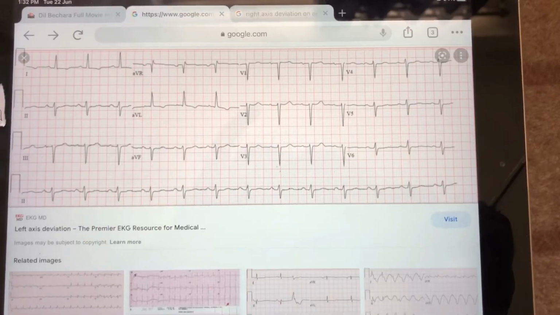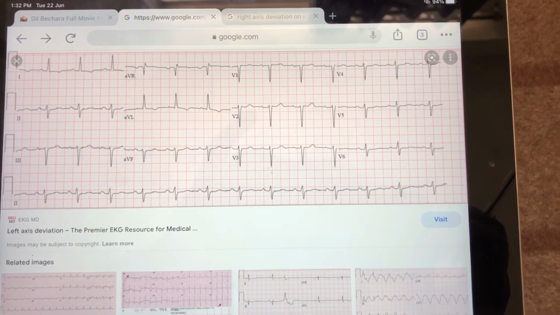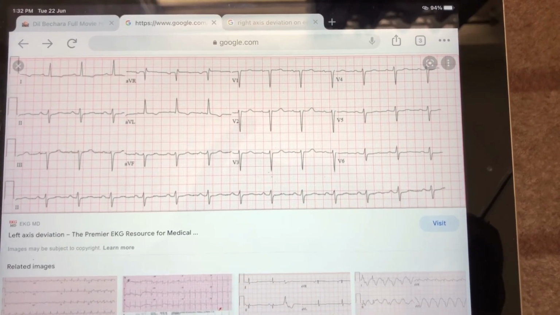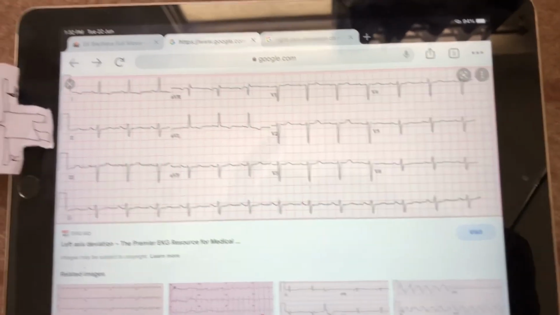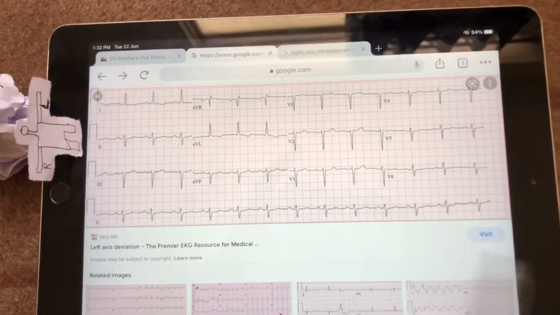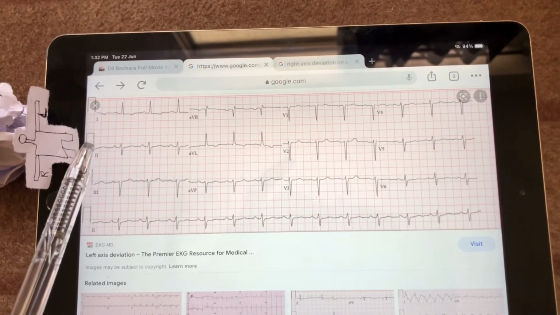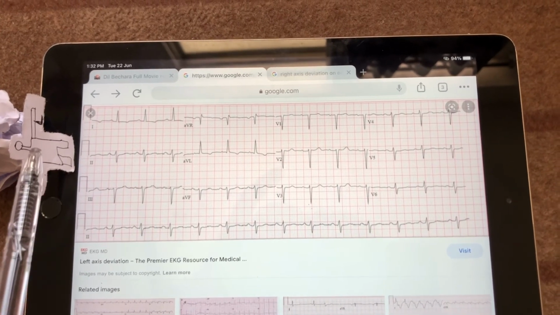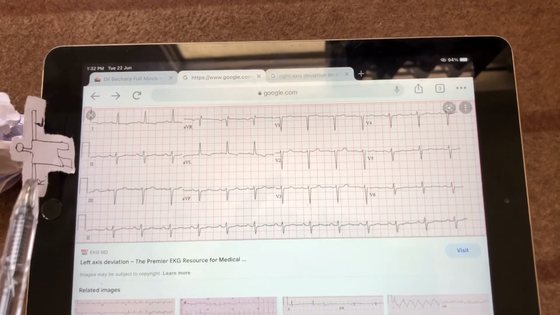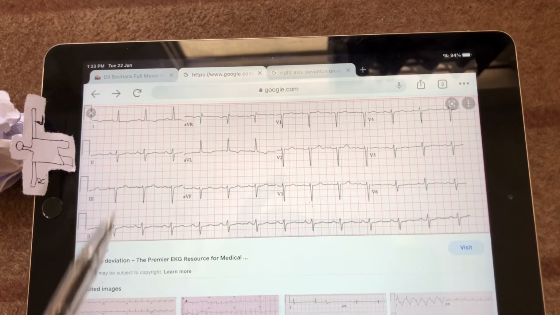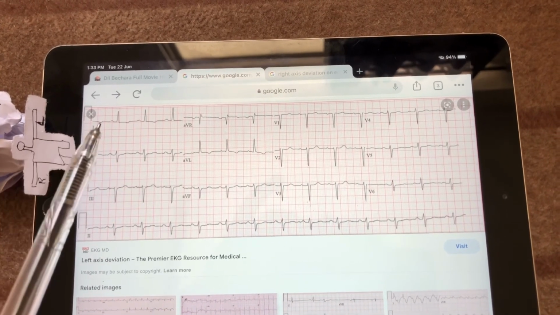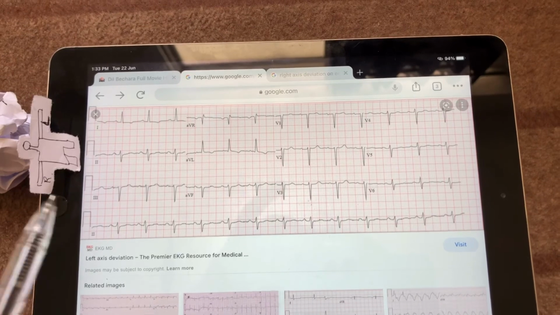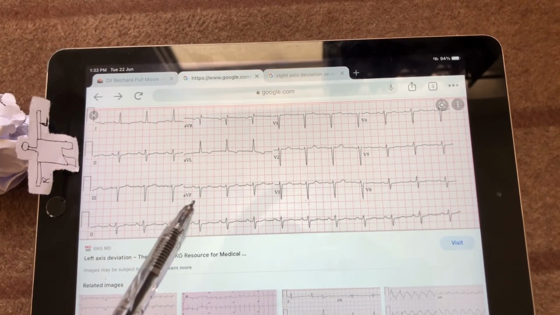Now there is one more method that you can use to find the axis deviation quickly. It's a funny way, I know, but it's a very quick way. This is a person standing here. That is his left arm, that is his right arm. The left arm shows lead number 1 and the right arm shows AVF.